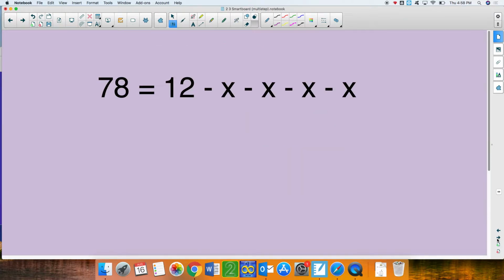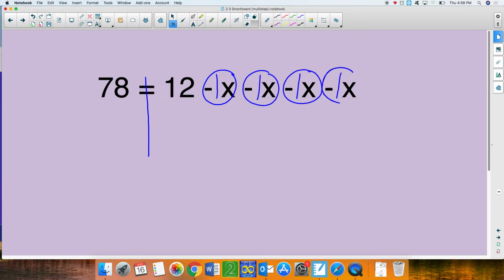Example 3. I'm going to draw in my wall, and before I circle my x, I'm going to put 1s in front of all of these so that I remember that there are 1s that exist there. And then I'm going to circle all of these x's, and I want you to notice that there are negative or subtraction signs in front of them. I'm going to circle those so that I don't forget they go with that 1.